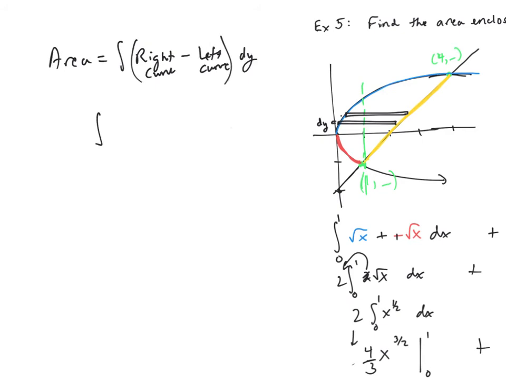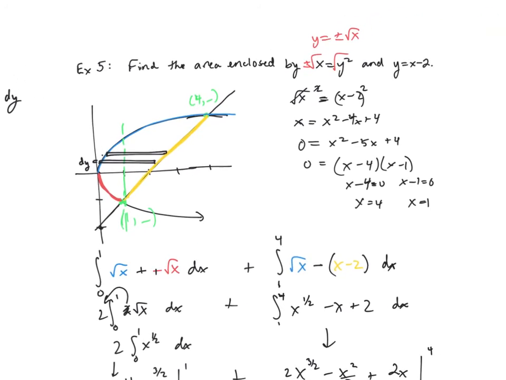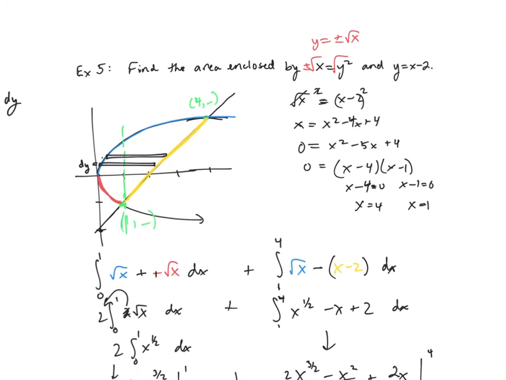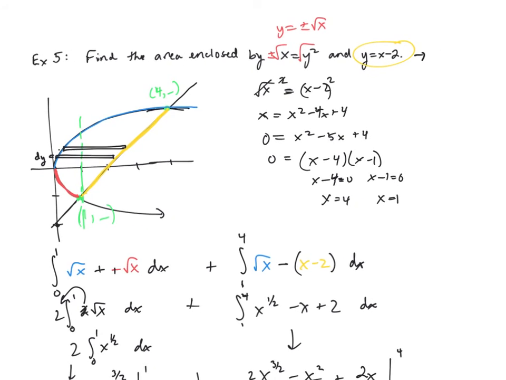Now, if it's dy, we should know that everything now has to be in terms of y, not x. So remember this function y equals x minus 2, my yellow curve. I need to get that with a y instead of x. I can't put x minus 2 into an integral with a dy. So I'm actually going to take that and solve for x. If y equals x minus 2, add 2 to the other side: y plus 2 equals x. That's what I'm going to use, y plus 2.